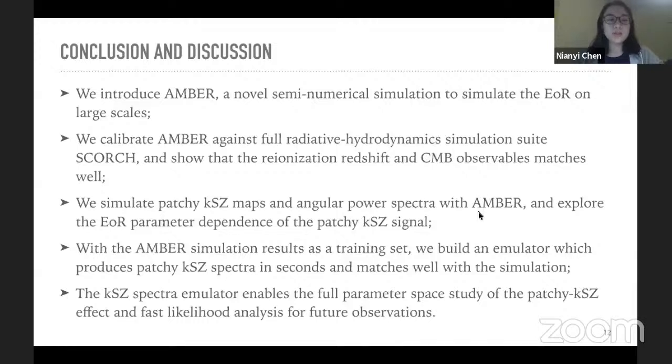Then we went on to see how the EoR parameters can change the kSZ signal by varying those parameters in Ember and producing the angular power spectra. Finally, we built an emulator with the simulation results, and we showed that we're able to recover the simulation results pretty well with our emulator, and this can potentially allow us to carry out full parameter space studies and likelihood analysis for future observations.